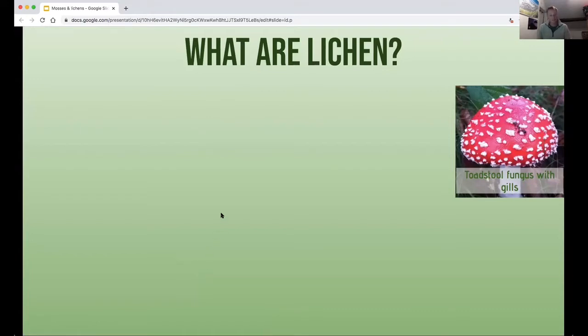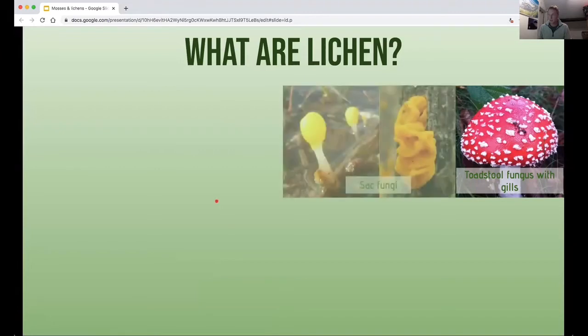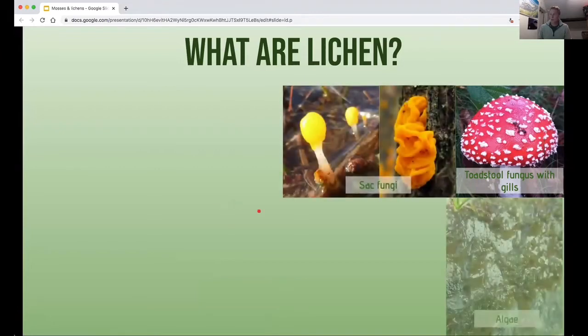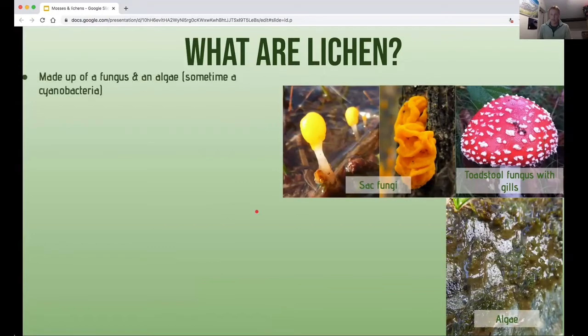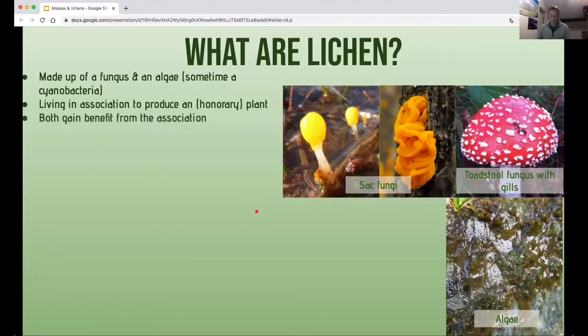A lichen is essentially made up of two components: a fungus, like this toadstool, and an algae. The organism that's the result of these two looks nothing like either of the partners. Not just any fungus will form a lichen.